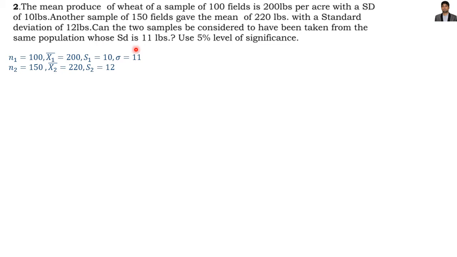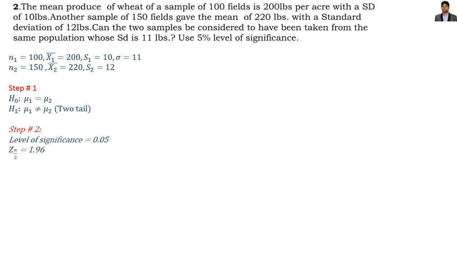So population standard deviation is known. Step number 1, mu1 is equal to mu2. H1, mu1 is not equal to mu2. Step number 2, level of significance is 0.05, which is 1.96, and it is a two-tail test.